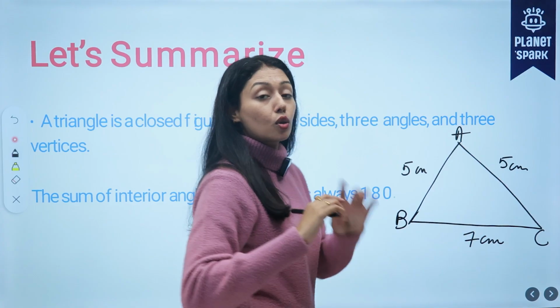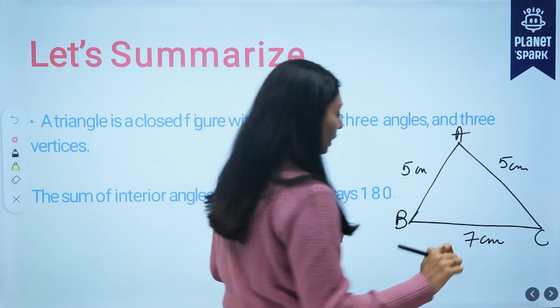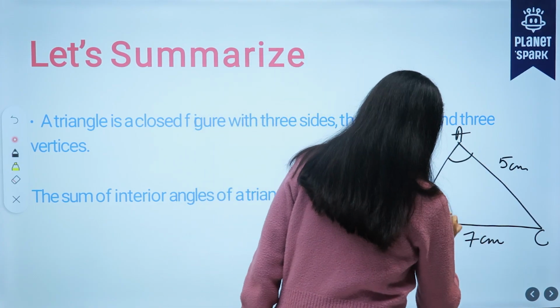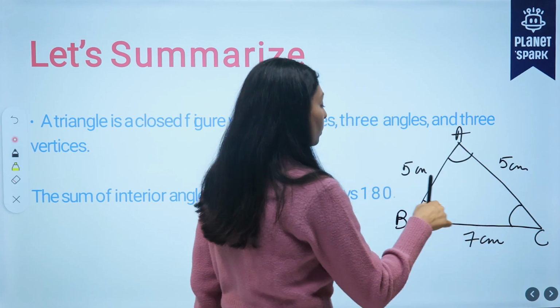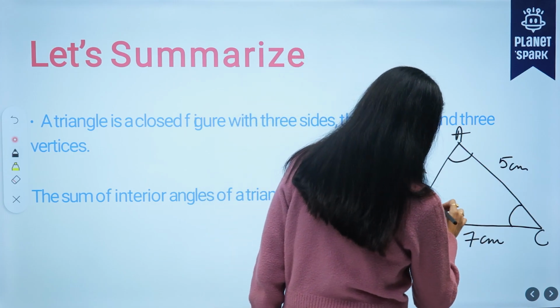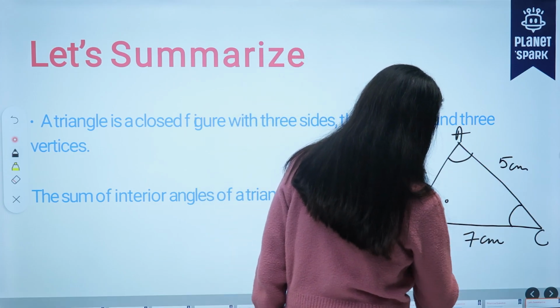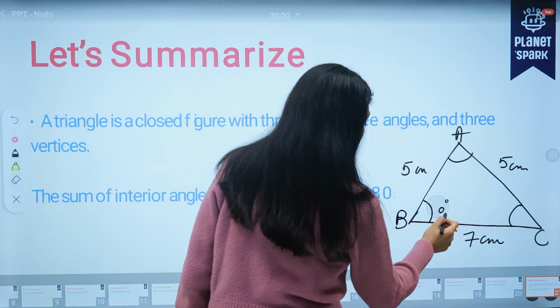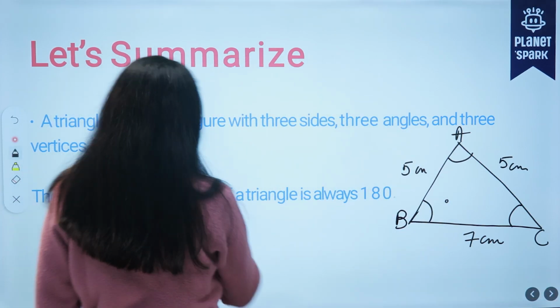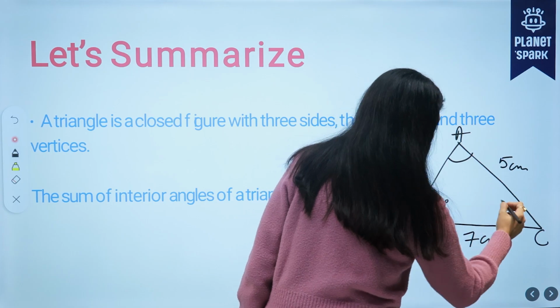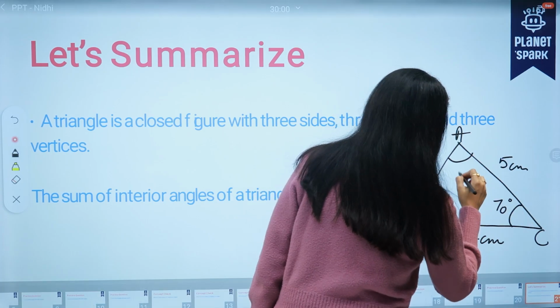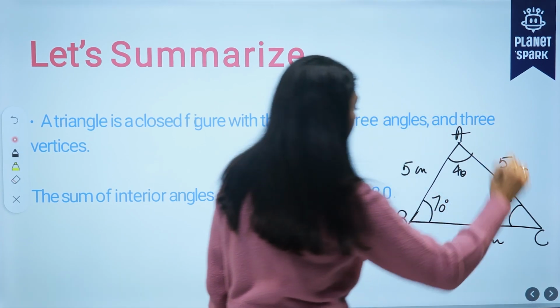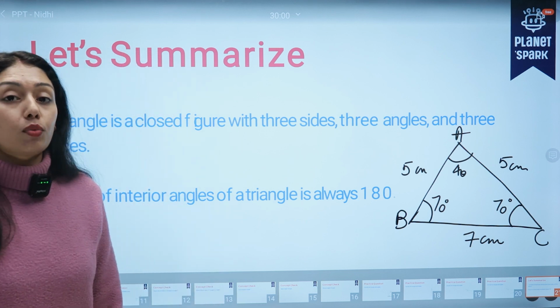Be very careful, notice all the things that I'm mentioning there. Everything will be important. Now let's talk about the angles as well. So here I have the angles as 60 degree, or let's take this one as 70 degree.